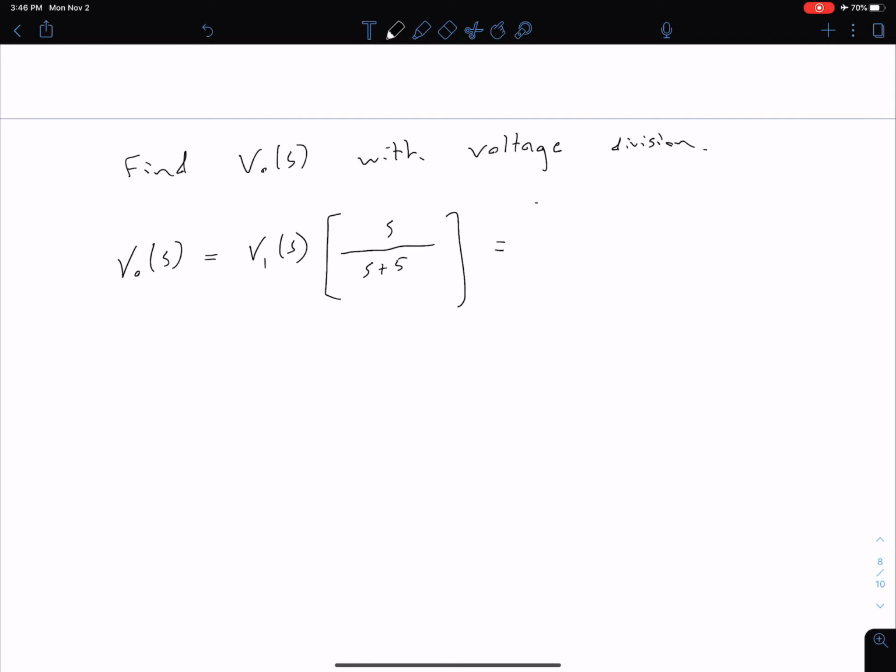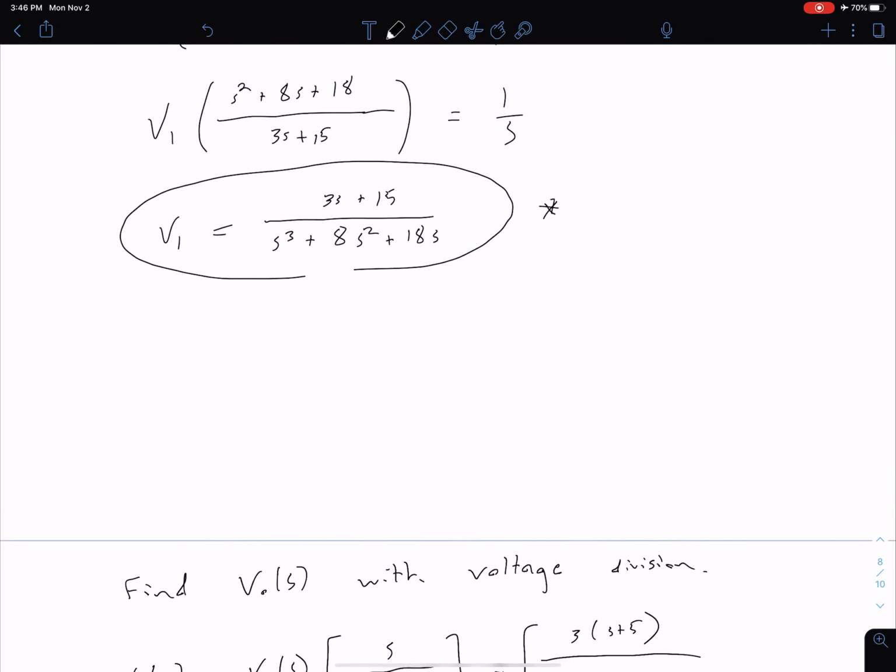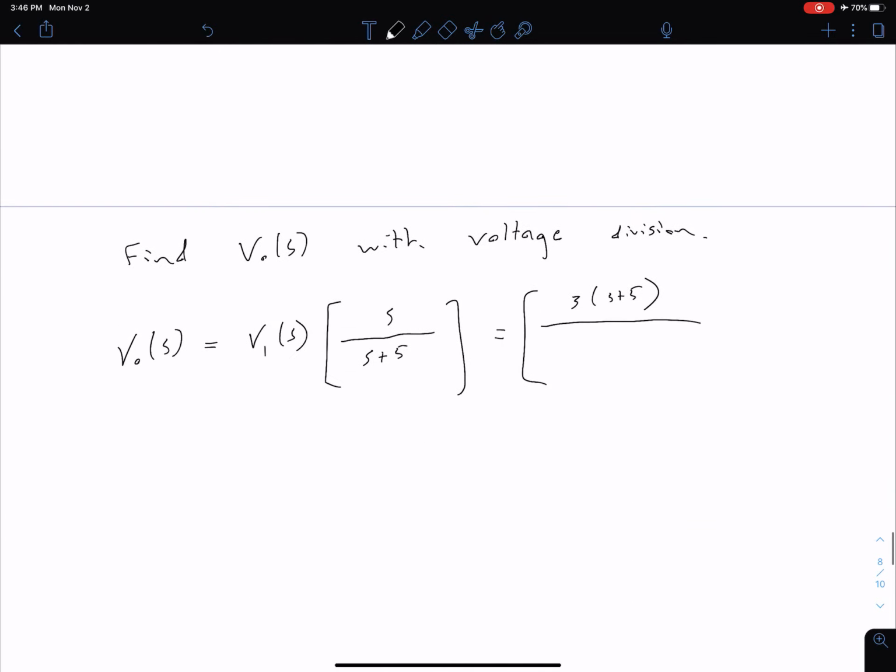And so what we can see is that in our numerator we have 3 times S plus 5. This is just pulling from this equation for V1 here. In our denominator, if I factor that S back out, we have S times S squared plus 8S plus 18.